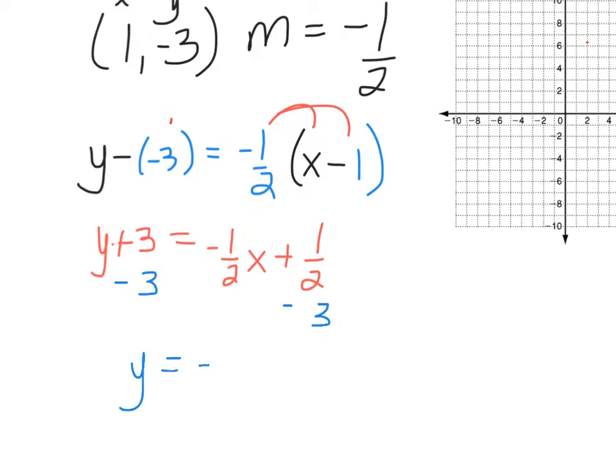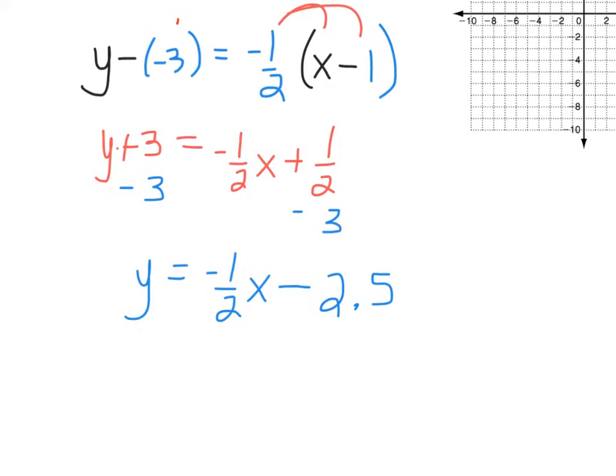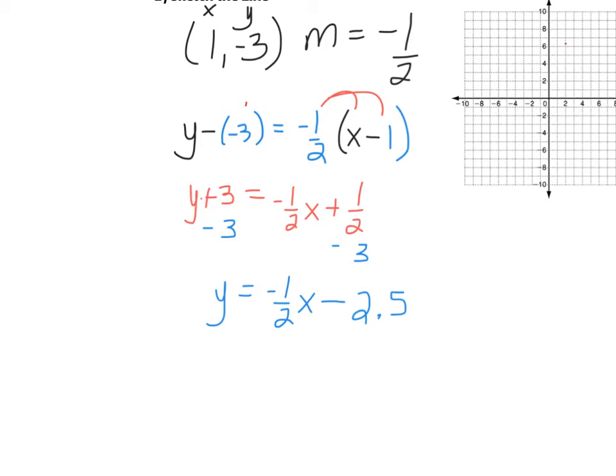So y equals negative 1/2 x plus, if I have 3 and I'm taking 1/2 away, what does that leave me with? 2.5. So you can say 2.5, 2 1/2, however you want to say it. But in this case, what's my y-intercept? Negative 2.5, so it's in between negative 2 and negative 3. And what's my slope? Negative 1/2, okay?